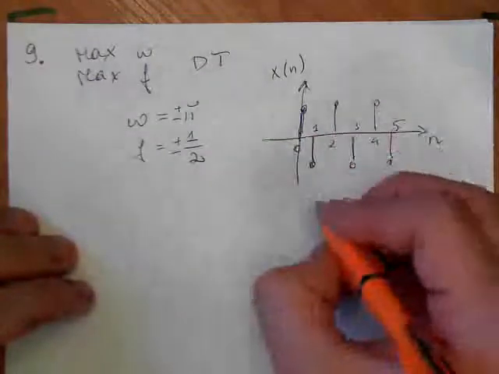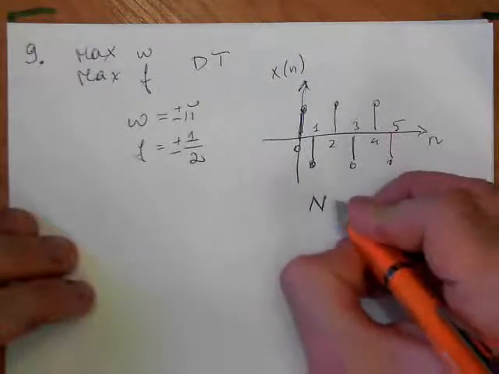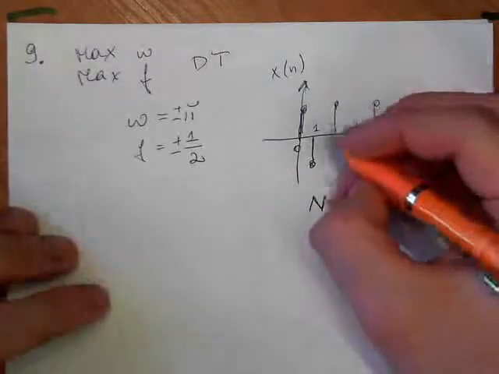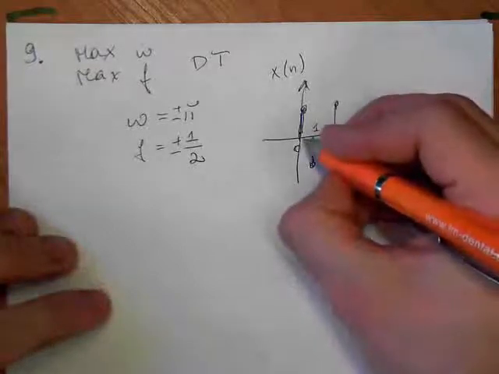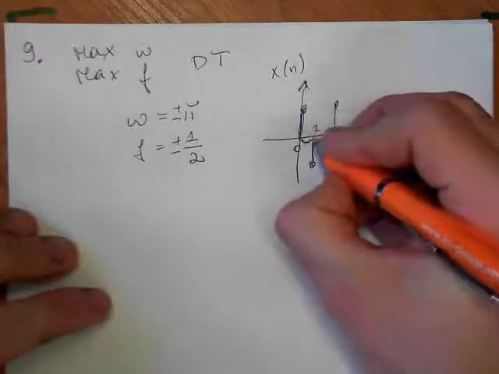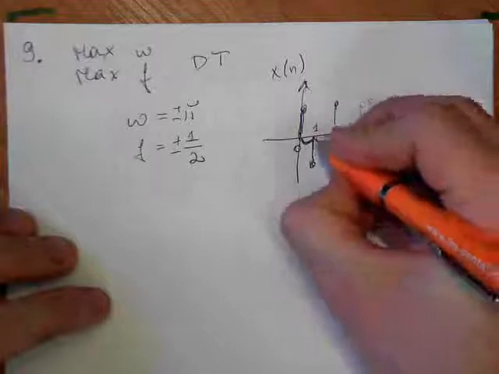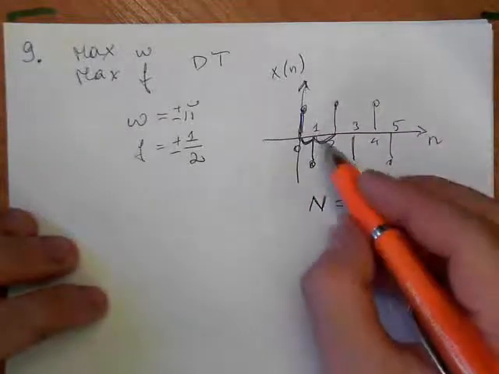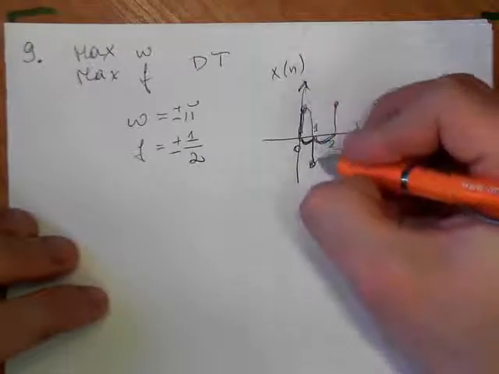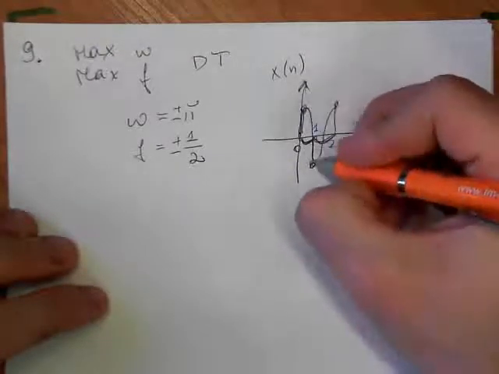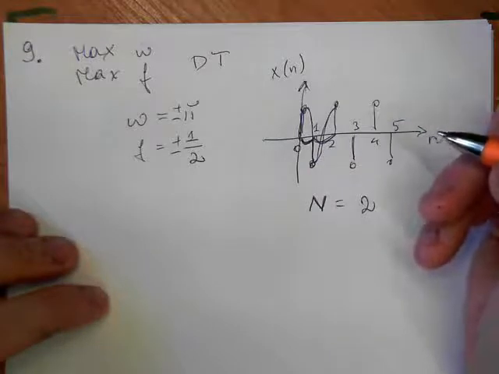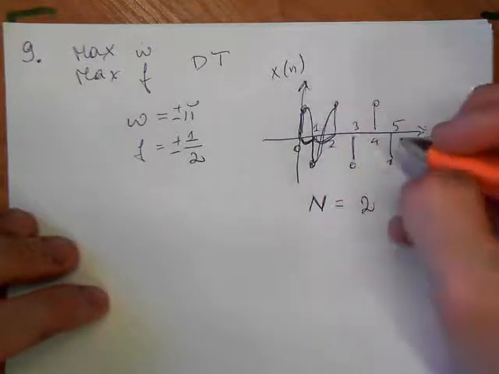To determine the period in discrete time, this is what you need to remember, we count the space as one space, two spaces. So here 2 spaces and 1 cycle from maximum to minimum to maximum. Yeah, 1 cycle.